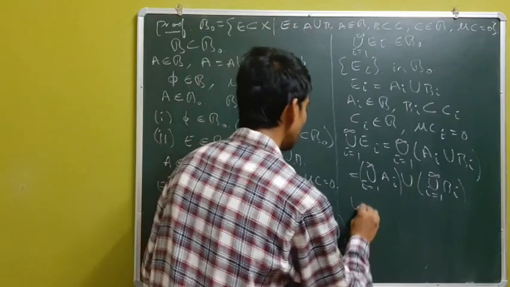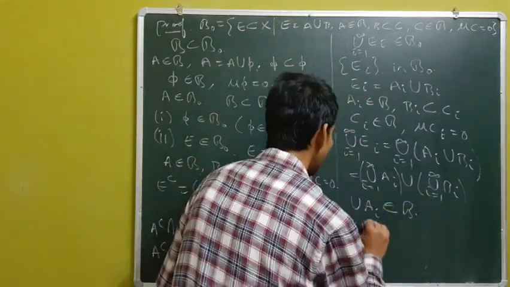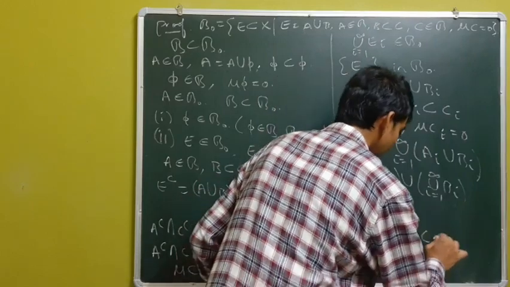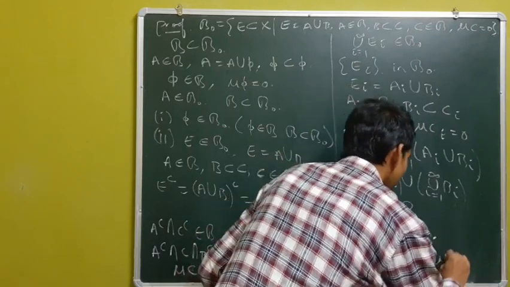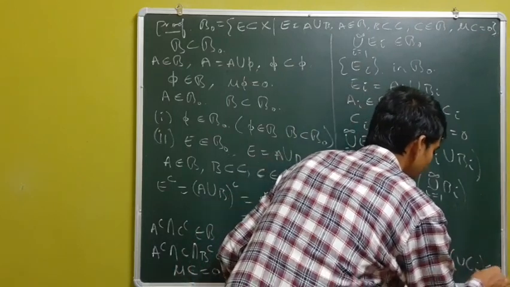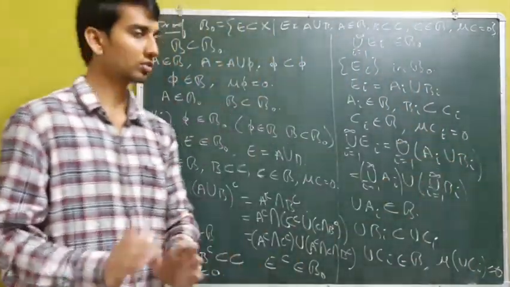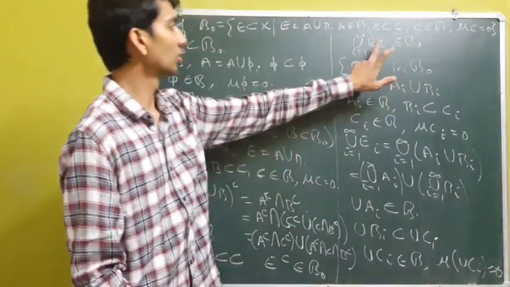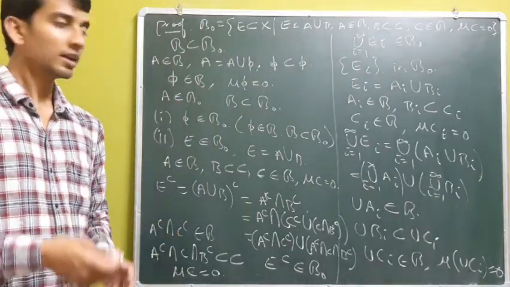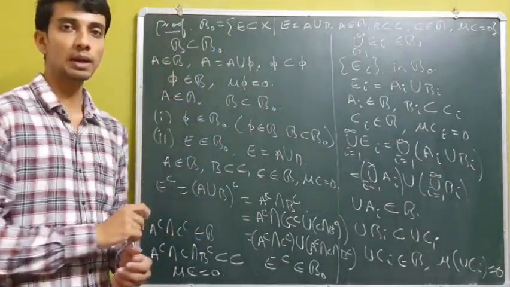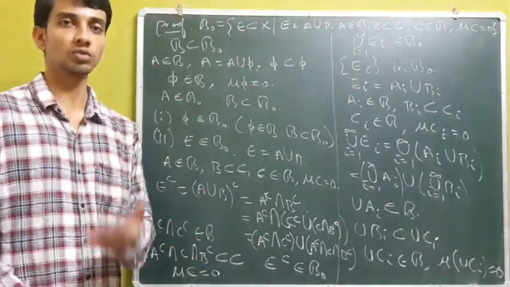And clearly this union belongs to B, and the other is contained in the union of C_i, along with the union of C_i being in B, where the measure of the union of C_i's is 0 since the measure of each C_i is 0. So now we proved that B naught is closed under countable union, which proves B naught is a sigma algebra. Now having proved B naught to be a sigma algebra, we are remaining to define a measure mu naught and to prove that the measure is well defined.